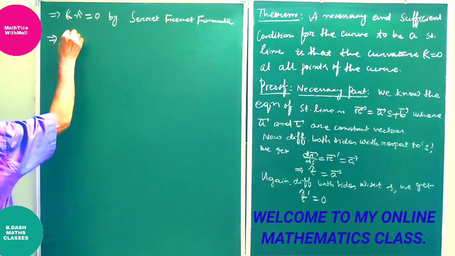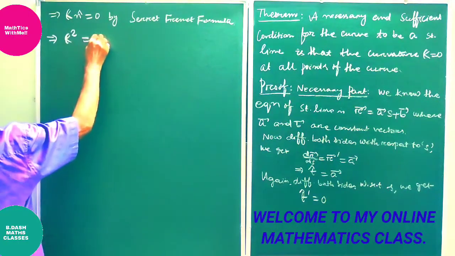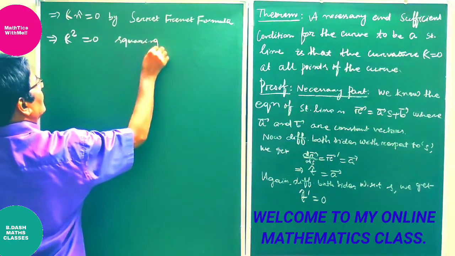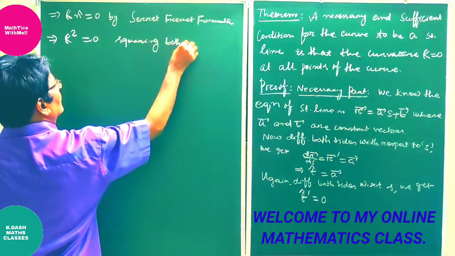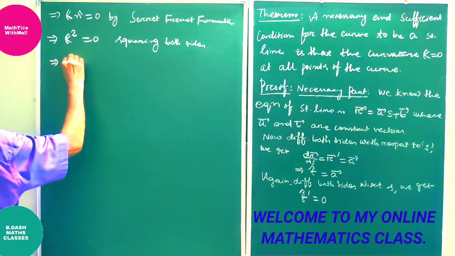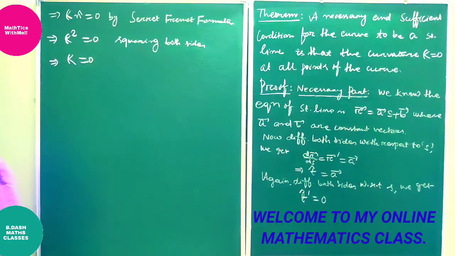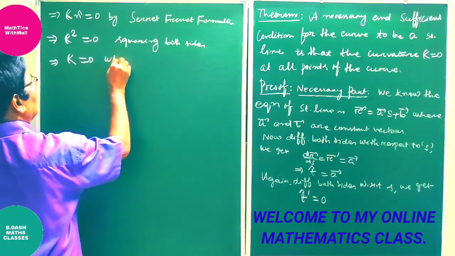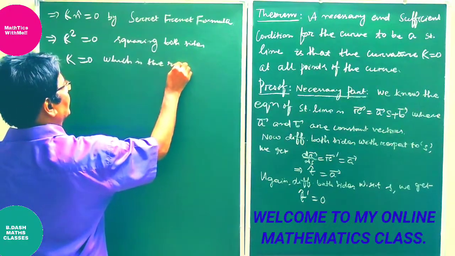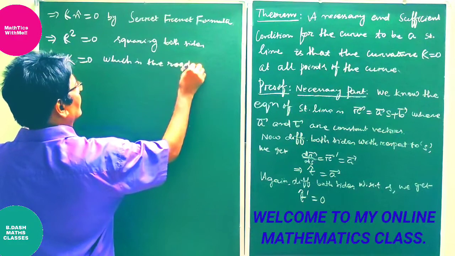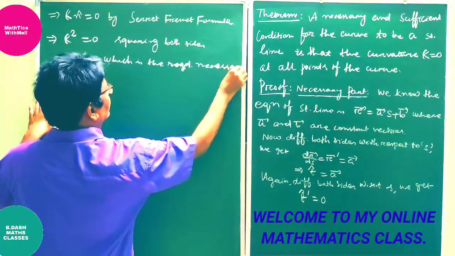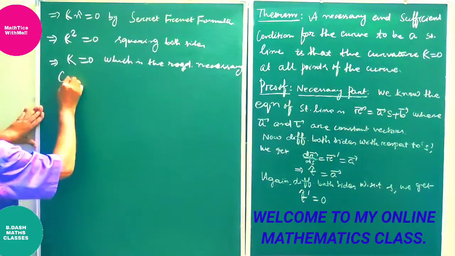Squaring both sides, kappa square is equal to 0. So this implies kappa is equal to 0, which is the required necessary condition.